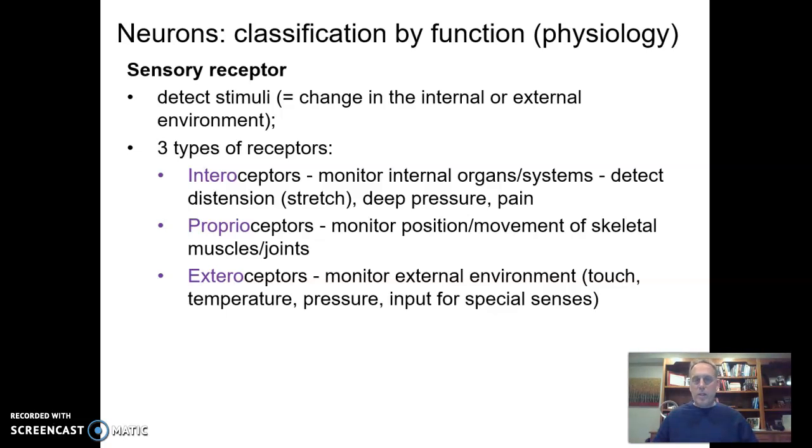I do have some notes that I wrote down while we went through this. And what I like about this is I talk about the three different types of receptors. If you look at this, you have intero, proprio, and extero. And these are real easy to remember, right? You have extero, external, proprio, position, and intero, those are within the actual organs and within the body itself.